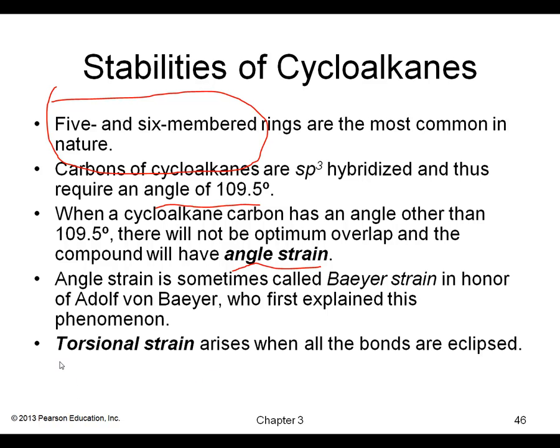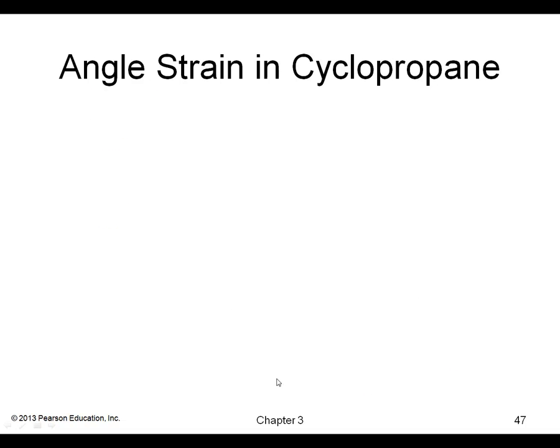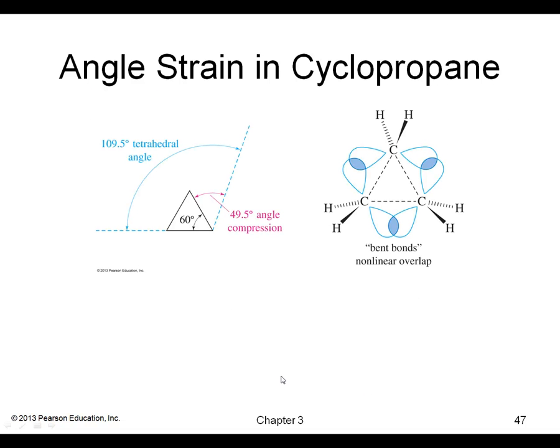Okay, again, torsional strain is when we have bonds that are eclipsing. So here's a cyclopropane. The bond angles are 60, okay, but sp3 carbons like 109.5. So here I have a lot of deviation from 109.5. So this thing will have a lot of angle strain.